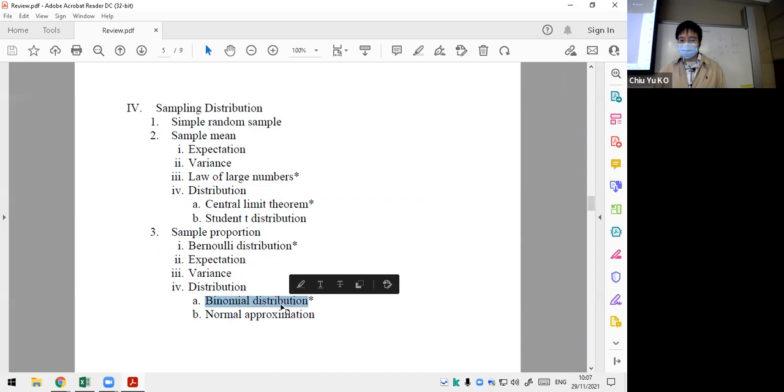And in practice, although it's actually binomial, we use normal approximation. We always assume it's normal for binary data. It's because when np times, so n pi times n1 minus pi is bigger than 5, usually you can use normal. Okay, that is what we learn.